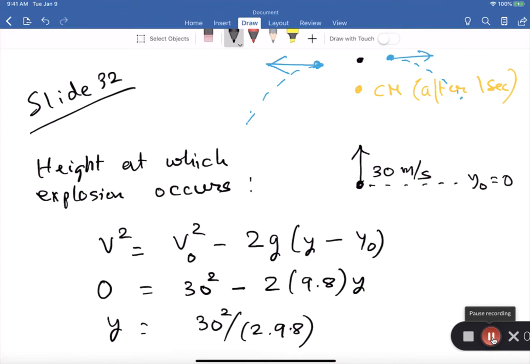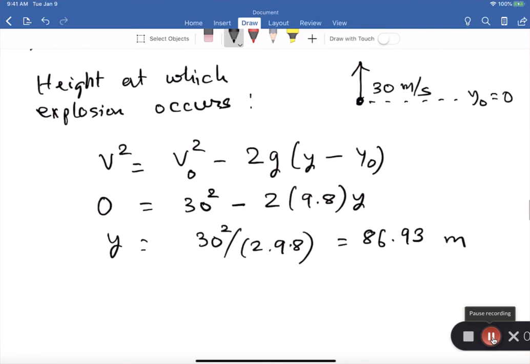Okay, so that comes to 86.93 meters. That's the height it is. So it's at that height at the top with 0 velocity. And how much does it descend in 1 second? The location of the center of mass after 1 second would be, again, we could use the second kinematic equation for that.